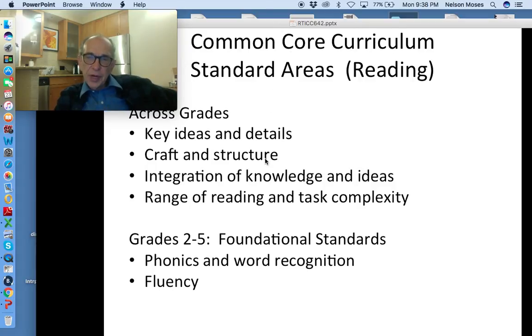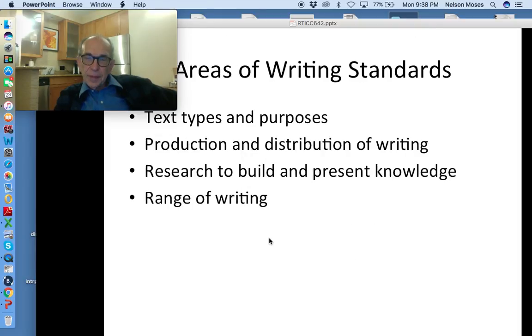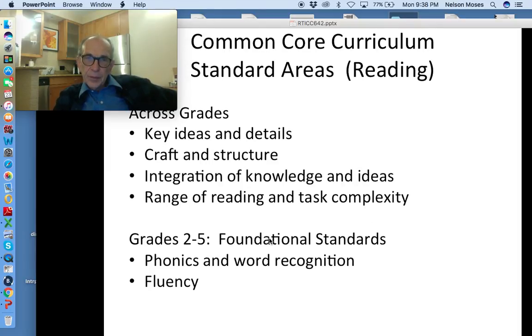Grades 2 to 5 are established foundational standards, phonics and word recognition and fluency. But in addition to that, again, craft and structure, integration of knowledge and ideas, and range of reading and task complexity.